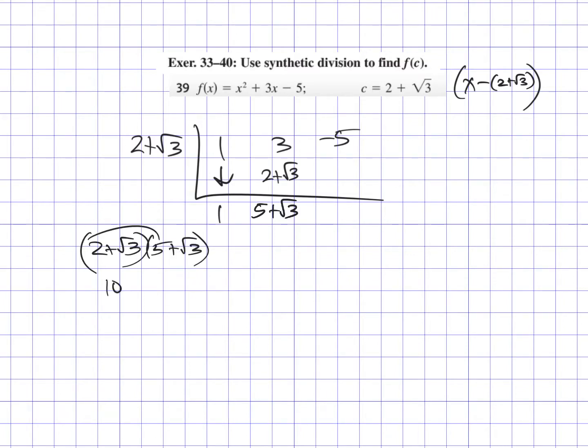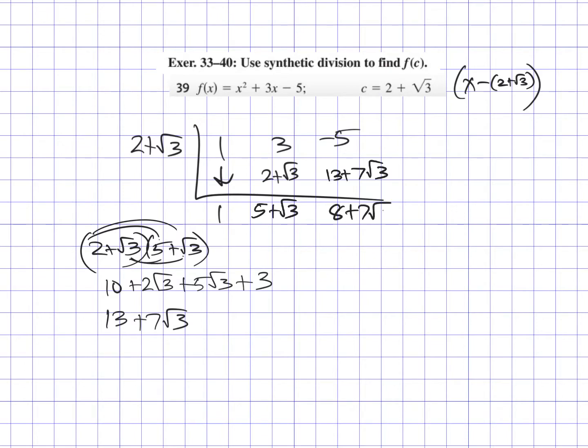Distribute. Stop it and do it by yourself. And then check to see if you got it right. So 13 plus 7 square root of 3. Okay, now add those together. We're going to get 8 plus 7 square root of 3, and that would be the answer.